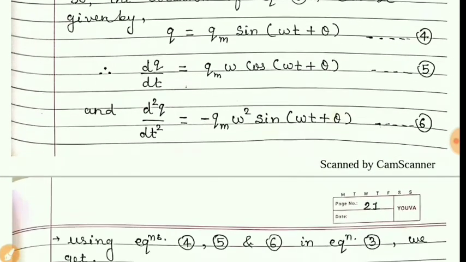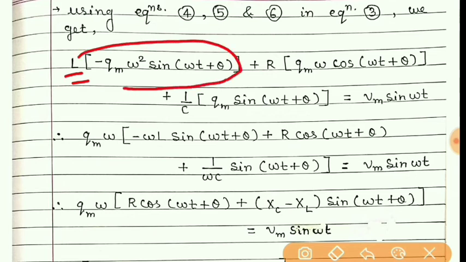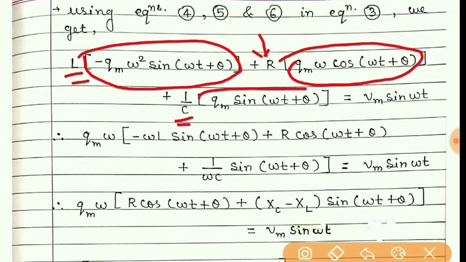So next will be this L into the value of d square q upon dt square, then R, value of dq by dt, and then 1 upon C, and the value of q is this. Vm sin omega t as it is.